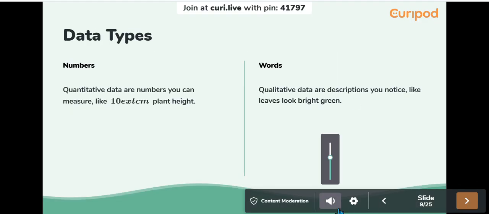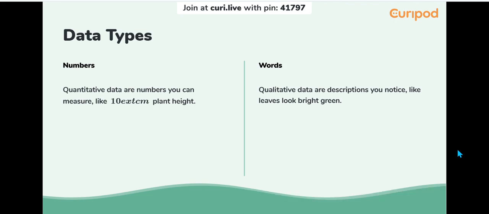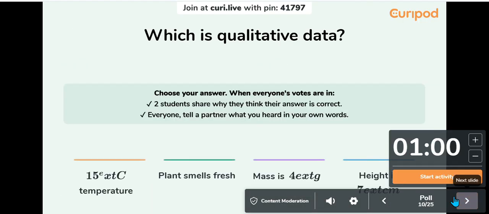Alright, next slide. Data types. Numbers. Quantitative data are numbers you can measure, like 10 centimeters plant height. Words. Qualitative data are descriptions you notice, like the leaves look bright green. What is qualitative data? Choose your answer.